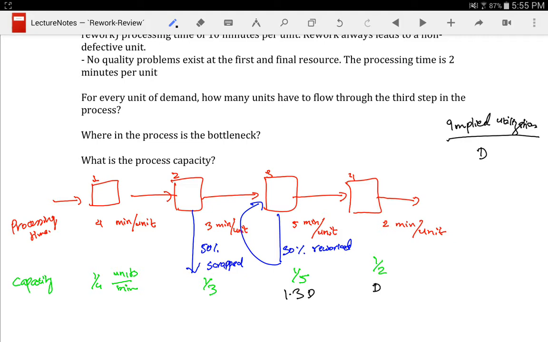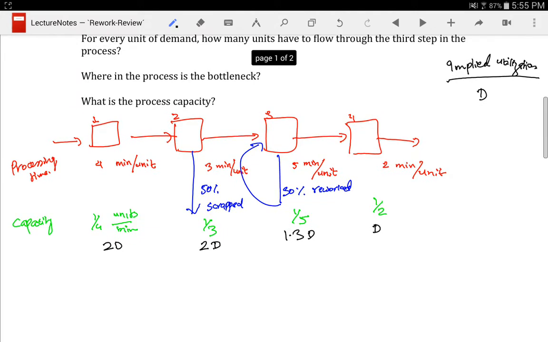This guy's a little tricky. Every 2 parts he produces, only 1 ends up in the final production. So for every D units produced, he has to work on 2D units. Similarly, this guy has to work on 2D units. This is the hardest part of these rework problems. After that, it's pretty straightforward.